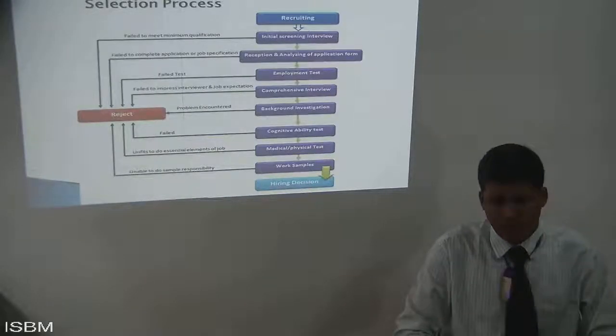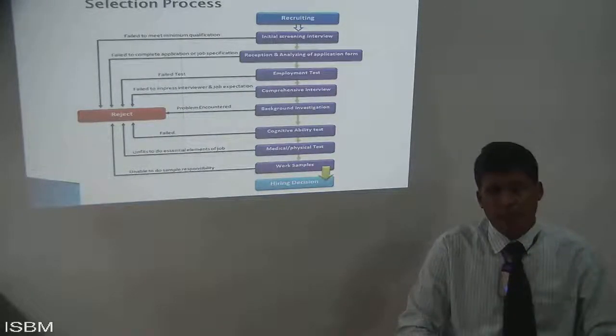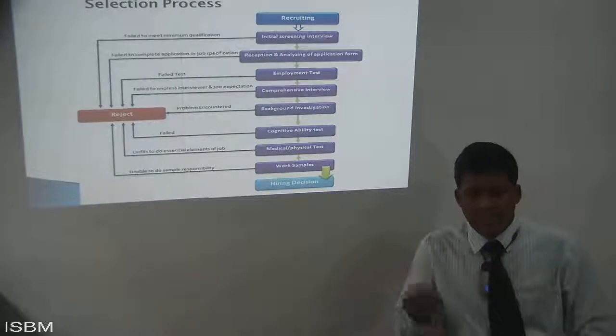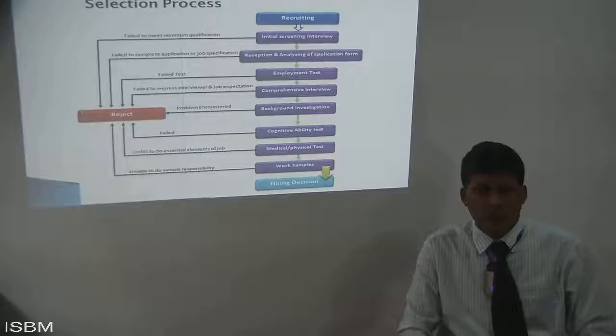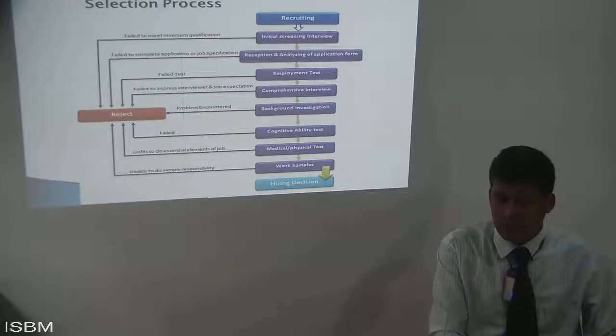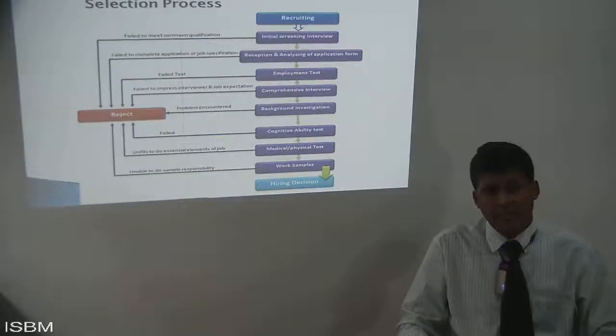The selection process starts from recruiting, where we have an initial screening interview. If a candidate fails to meet the minimum qualification, they are rejected. Next, as you see in the slide, is reception and analysis of the application form. If they fail to clear this, rejected. Then they get into the employment test.